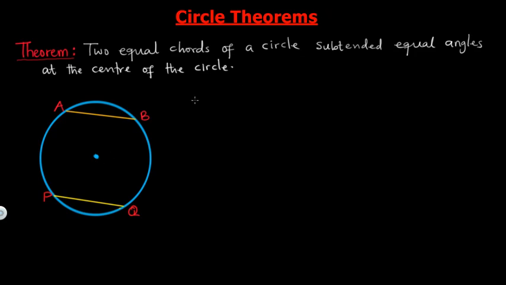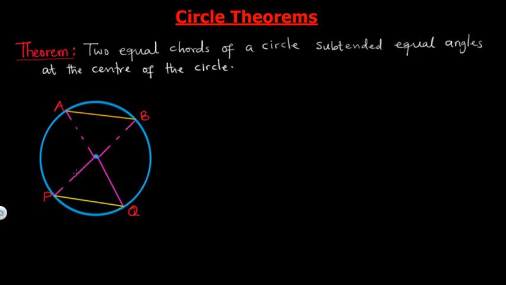What does this mean? If these 2 chords AB and PQ are equal, the angle that chord AB makes with the center of a circle is equal to the angle that chord PQ makes with the center of the circle.